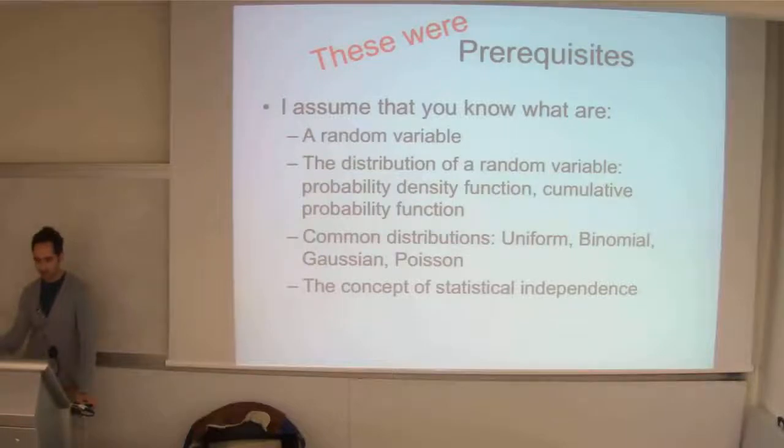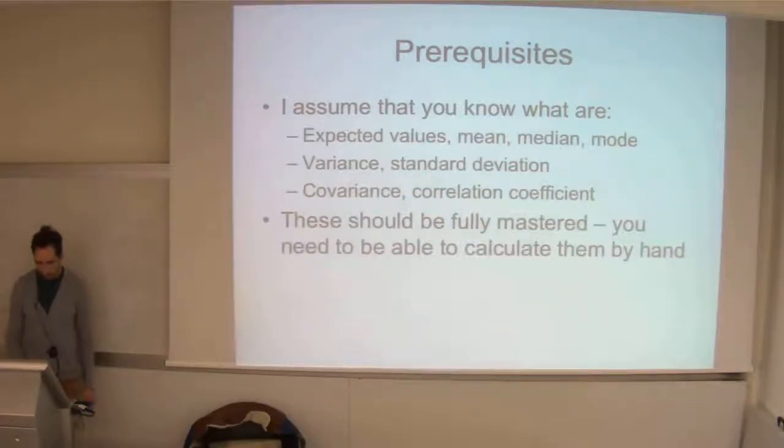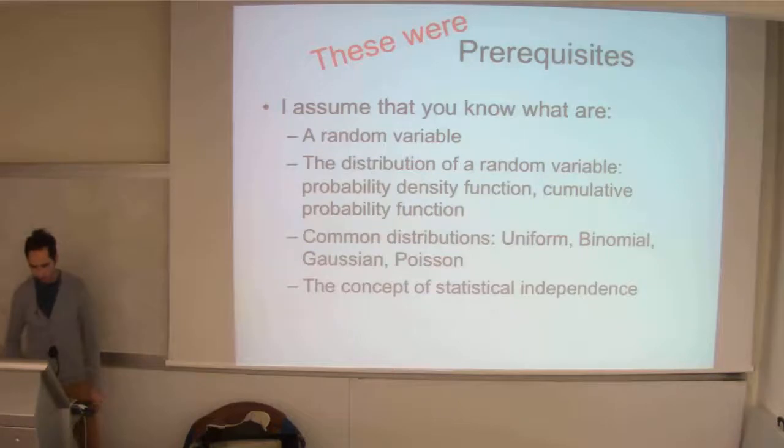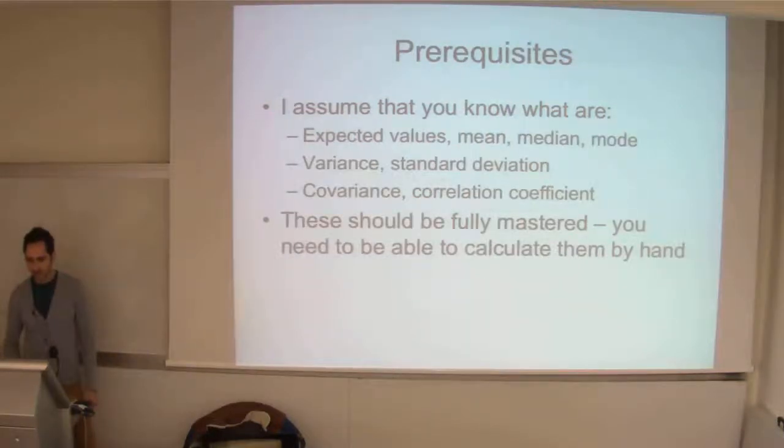Eli assumed that you know what a random variable is, what the distribution of a random variable is, probability density function, cumulative probability function, common distributions: uniform, binomial, Gaussian, and Poisson, the concept of statistical independence. Expected values, mean, median, mode, variance, standard deviation, covariance, correlation coefficient, which we talked about a little bit yesterday. So eventually, by the end of your PhD, this should be fully mastered. You need to be able to calculate them by hand, etc., etc.